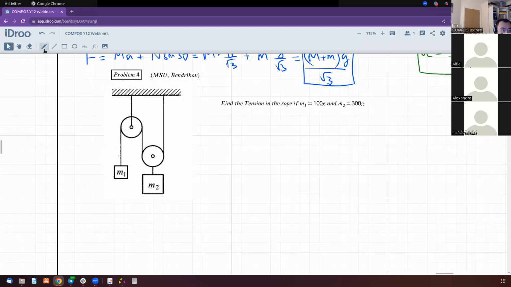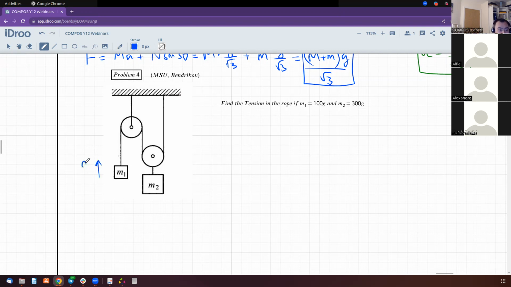Okay, so find the tension in the rope if M1 is 100 grams and M2 is 300 grams. So this is a system of pulleys. So which way do you think M1 will accelerate? M1 will accelerate up.